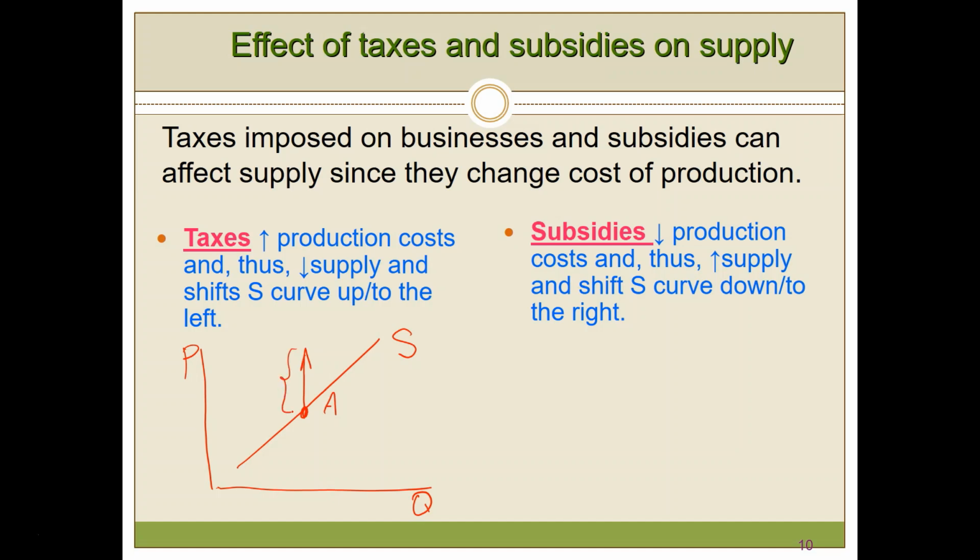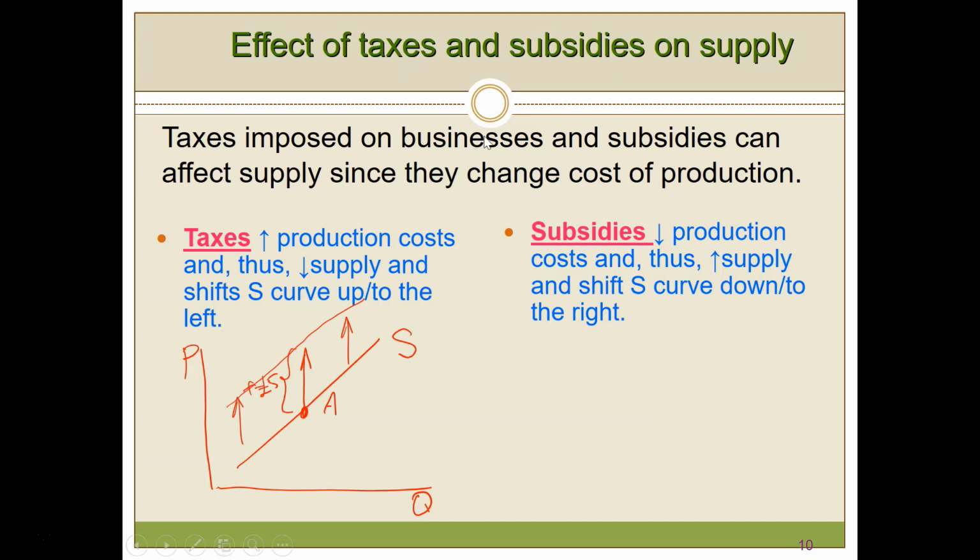For example, we'll need to pay, let's say, plus £5 to the government for each item which we produce. And this will be true for each and every quantity, for each and every price level. So every point on the supply curve will shift upwards by the amount of additional tax imposed, which means that our new supply curve will now be located higher. It will reduce supply and shift supply curve upwards.